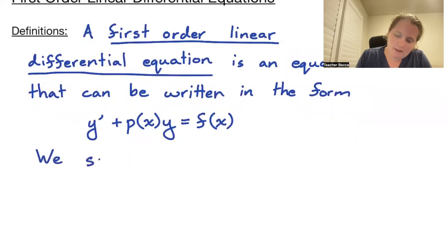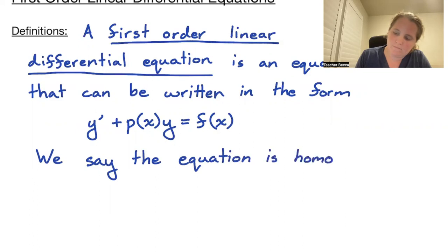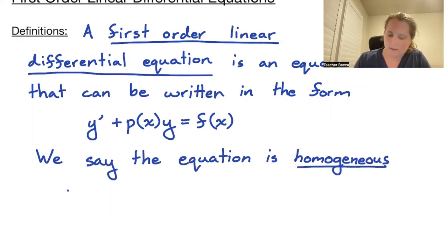We say the equation is homogeneous if f of x is identically 0.